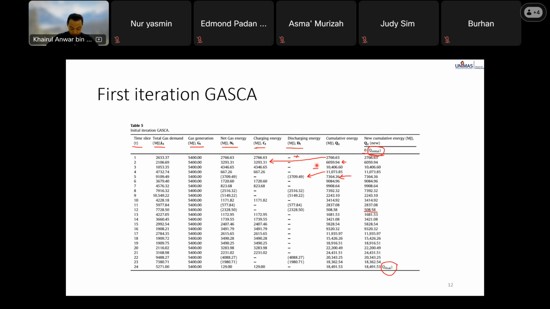Next is the QT. Before we go to QT, based on the analysis at initial, the biogas generation capacity is 1,400 megajoule per hour.